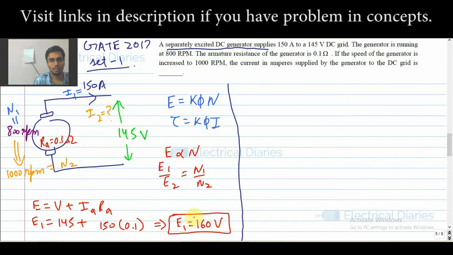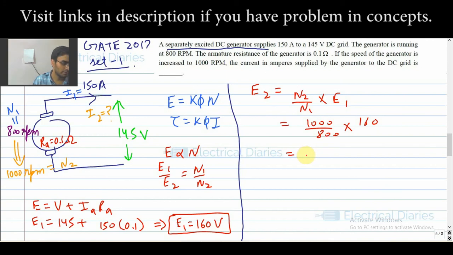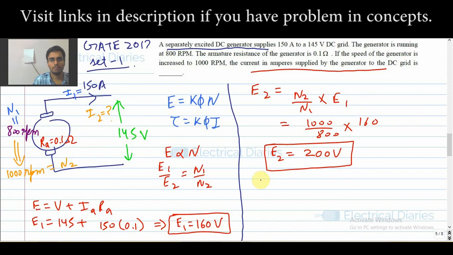Now I can easily calculate E2. E2 will be N2 by N1 into E1. N2 is 1000, N1 is 800, E1 is 160. So your E2 comes out to be 200 volts. Now it is asked to find the current in amperes, so again apply the KVL.